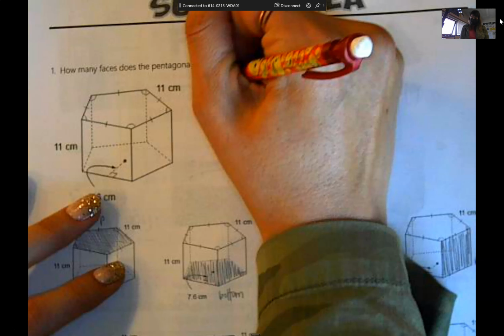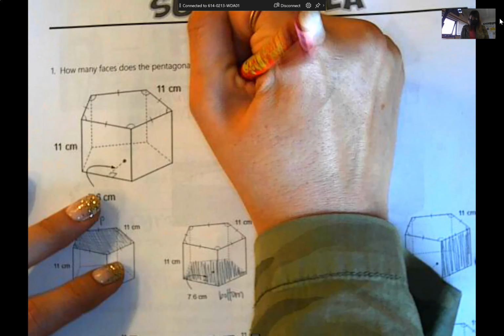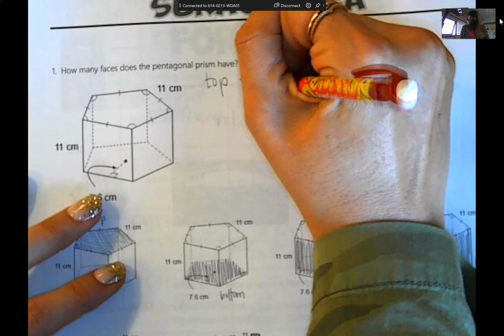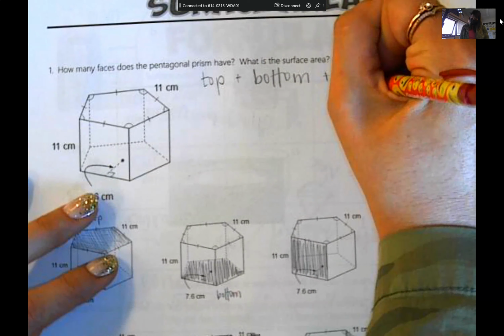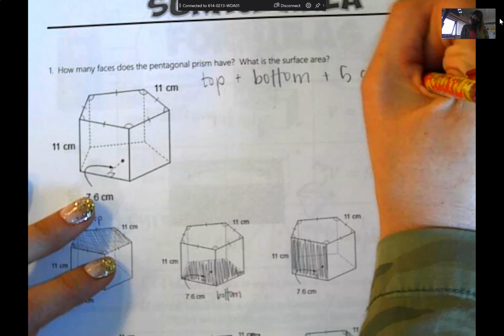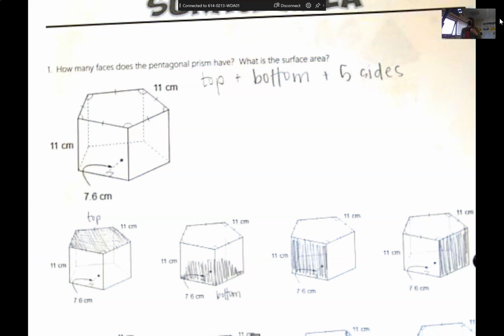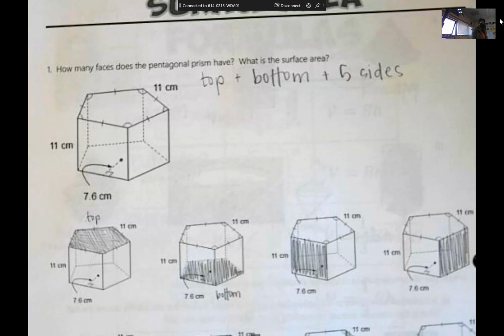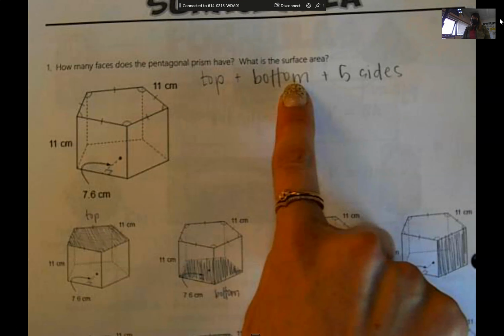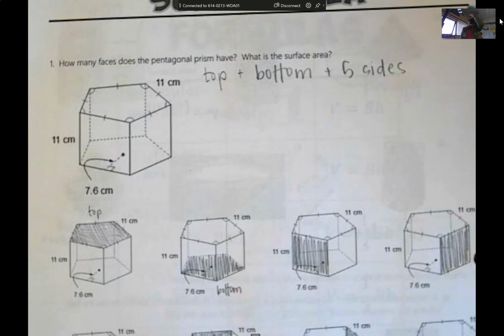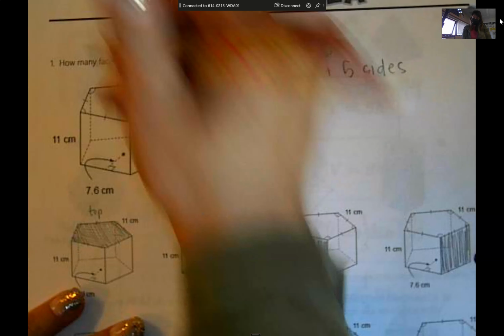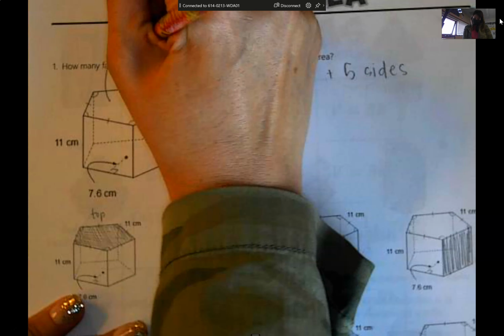He has a top, a bottom, and 5 sides. And they're all considered faces. The top is considered a face, the bottom is considered a face, and the 5 sides are considered faces. So this shape is made out of 7 faces. Are you guys okay with that? For sure? Okay, 7 total faces.